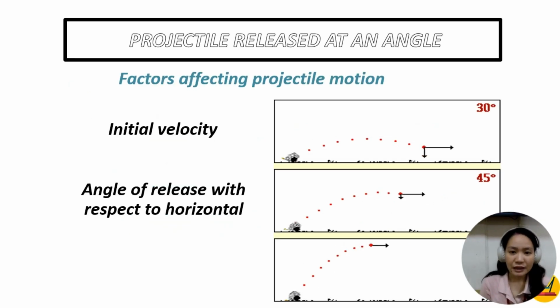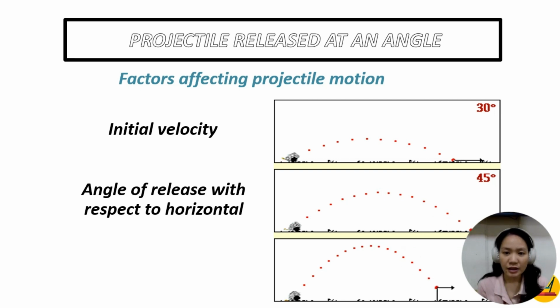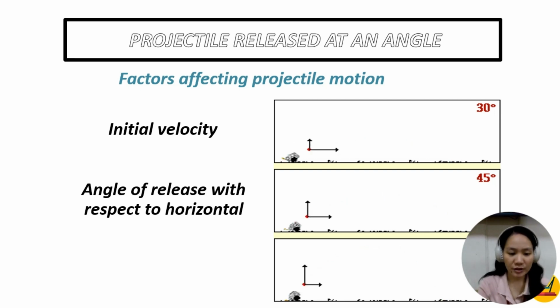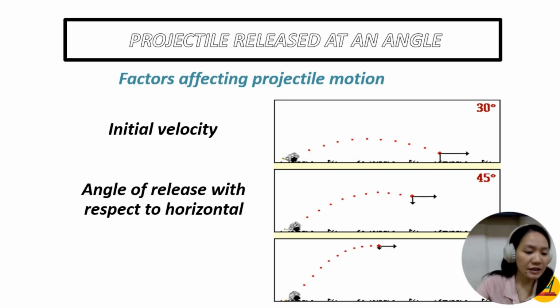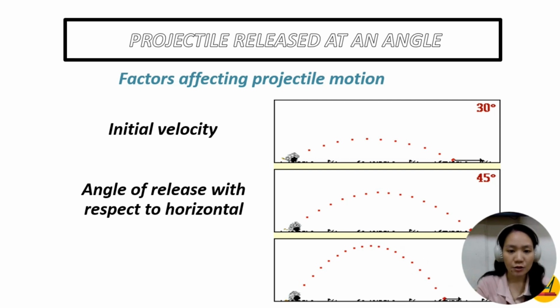Also, class, here's another thing to remember. The horizontal distance traveled by the projectile is known as the range. So technically, when we talk about projectile motion, we will be considering two distances. One happening along the horizontal.